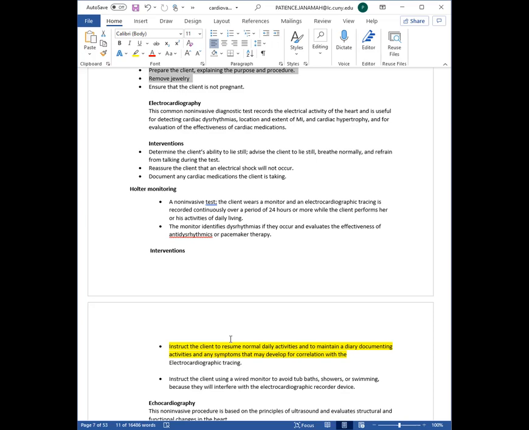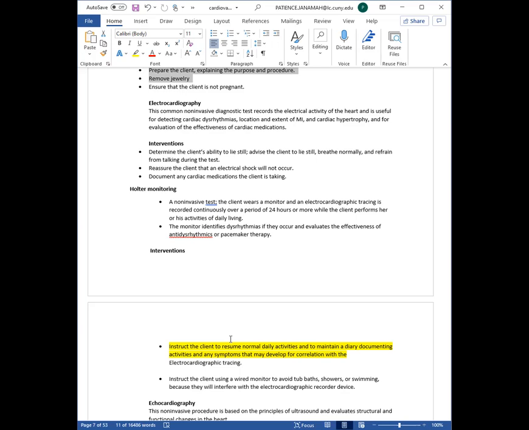So some of these procedures are non-invasive. Because it's non-invasive, you are not worried about taking off earrings. It doesn't disrupt your activities of daily living. You are just moving and doing your things unless you're sick. So try to be careful.